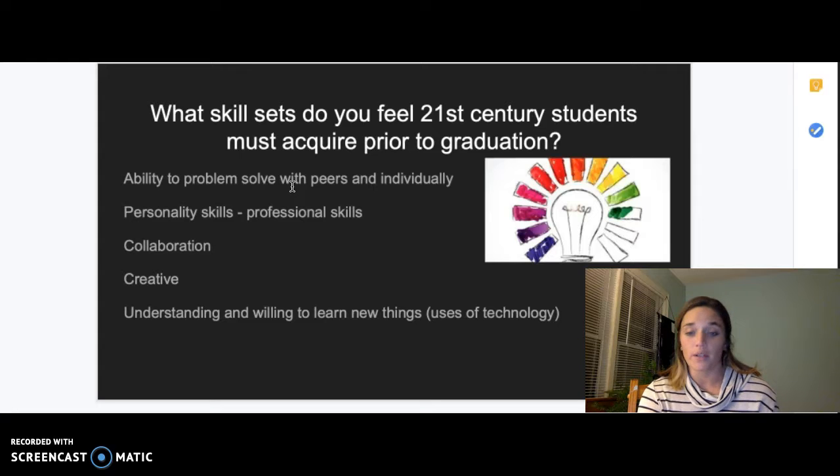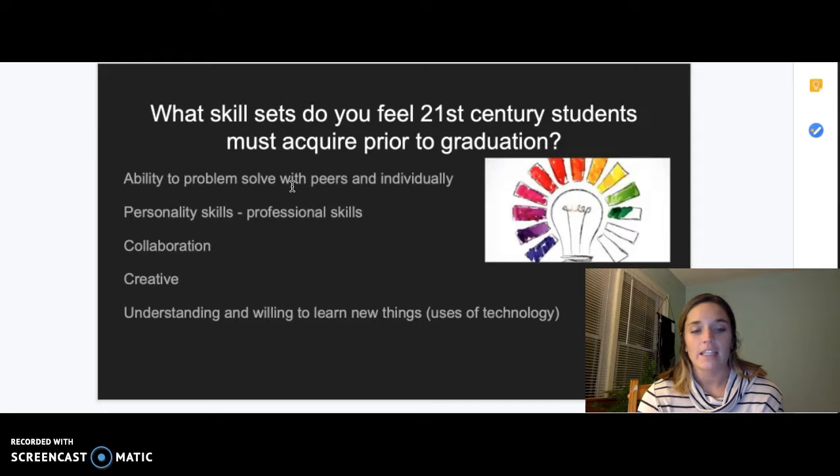Also, especially in second grade, personality skills and professional skills, like learning how to make eye contact and properly shake hands. Especially with technology nowadays, students are lacking those skills because they have that screen in front of them, or communication is all through phones or technology rather than face-to-face.